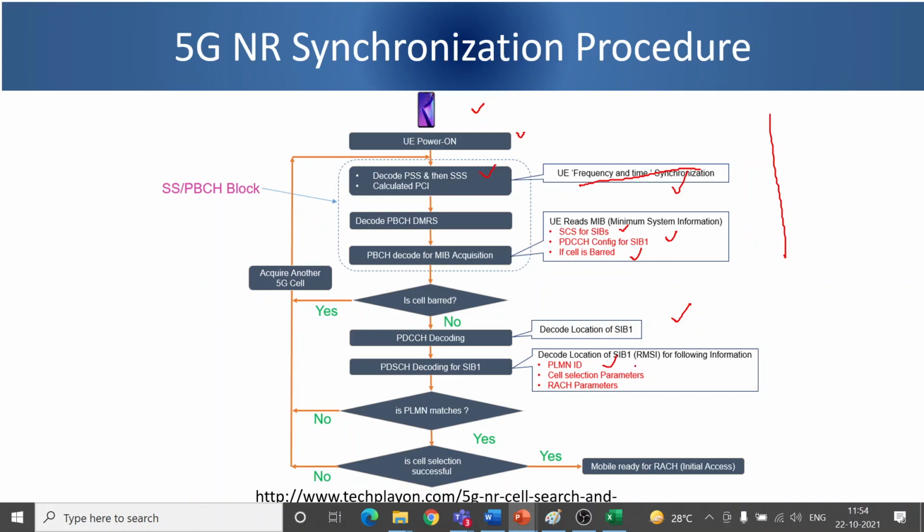Once your mobile sees the PLMN ID it has received, it checks whether it belongs to the same operator or not. If it belongs to the same operator, it will select that cell, the PCI which it had calculated, and then start the process of synchronization in the uplink direction, which is called the RACH process, the random access channel procedure, which we'll talk about later.